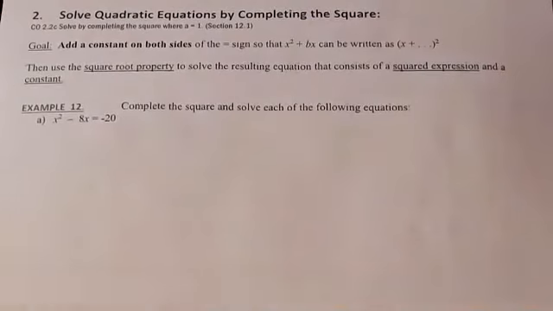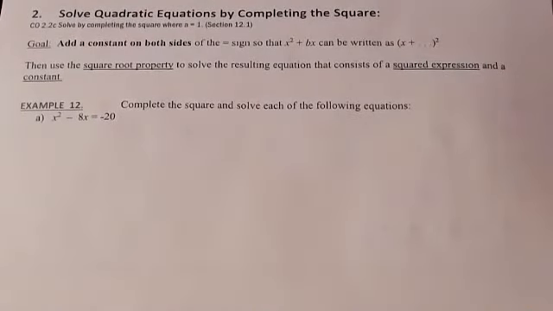We are now ready to solve a quadratic equation by completing the square. Our goal is to add a constant on both sides of the equation sign so that we can write that left-hand side as x plus a number squared. We want to rewrite it so that we can write x plus whatever that number is, squared.